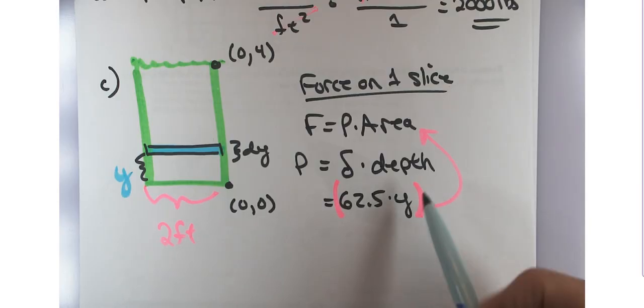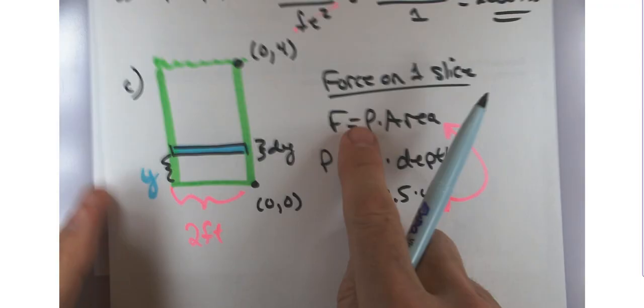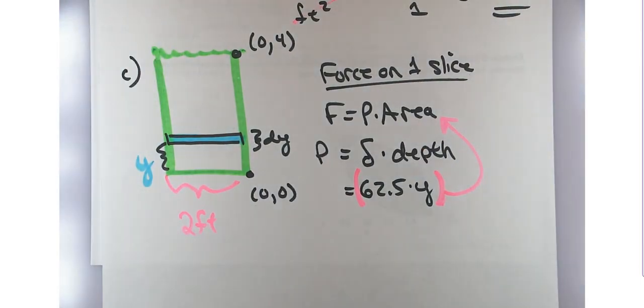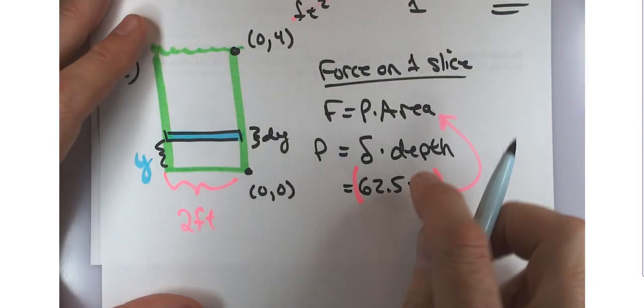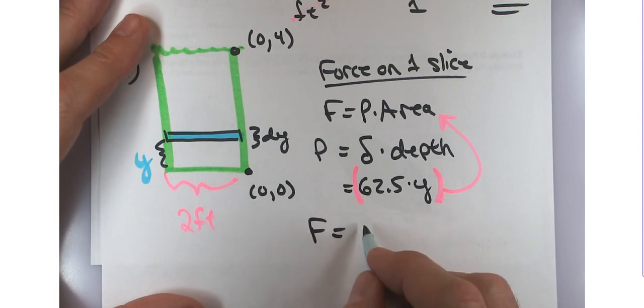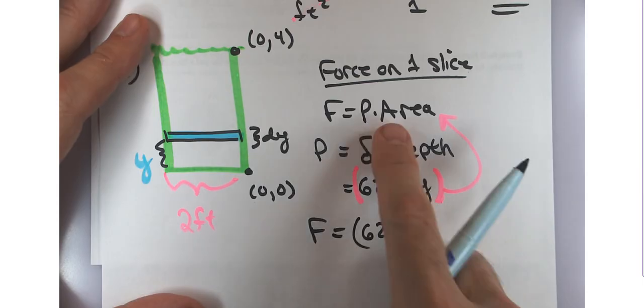Okay, yeah, so that's our pressure. We've got to account for the area here. So let's put that in here. So back to the force then, that's going to be 62.5 times y times the area.